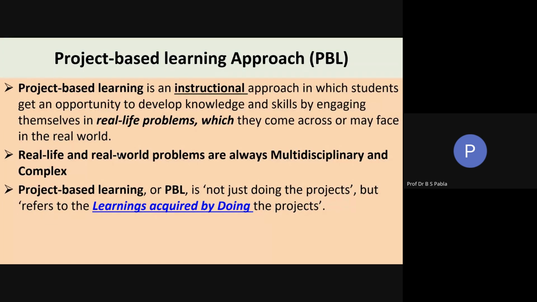So we have to develop the capability of solving complex problems. If you go to the NBA POs, program outcomes, complex problem solving is repeated at 4 or 5 points in 4 or 5 POs, which is the expectation from an engineer when he passes out.